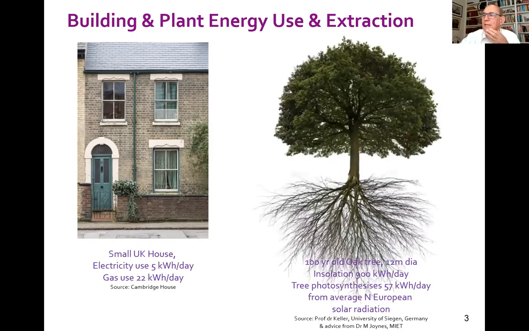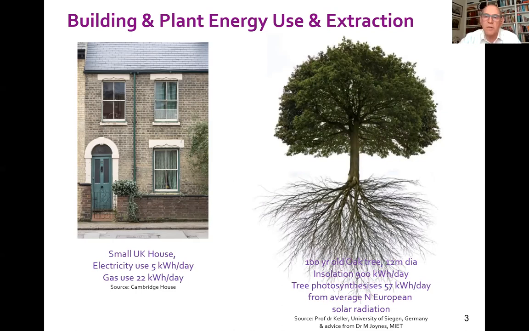And here on the right is a tree, an oak tree. It's 100 years old, 12 meters in diameter at the top. And this receives insolation, radiation from the sun, and it converts solar energy into nutrition for the tree. And this tree receives about 900 kilowatt hours a day from the sun. Compare that with the figures of the house.